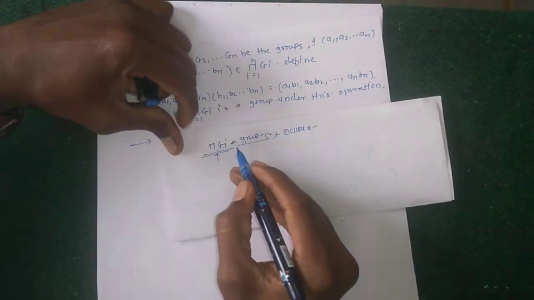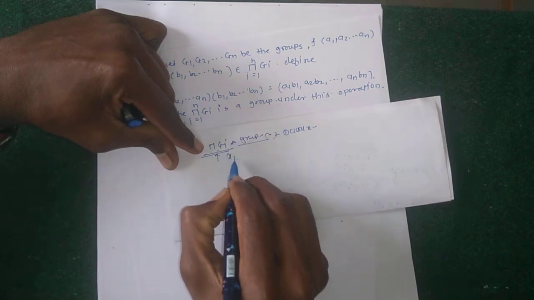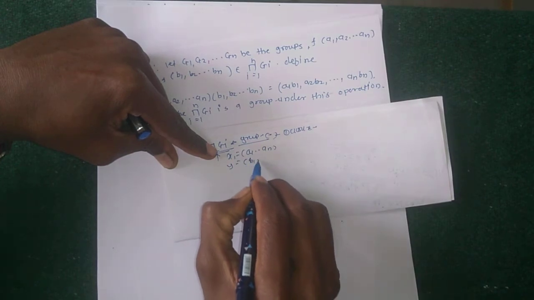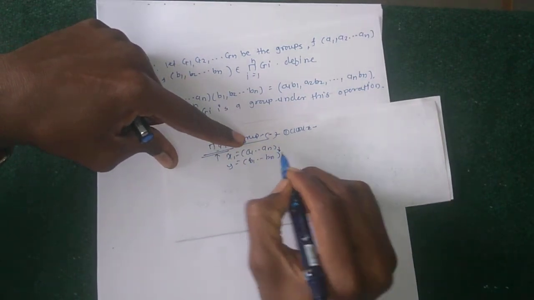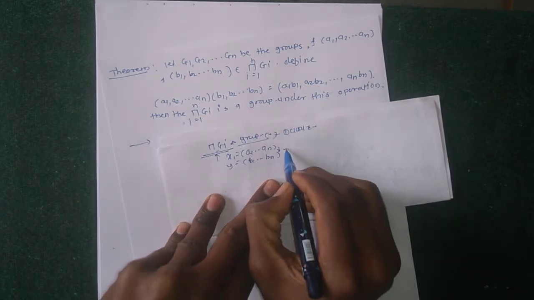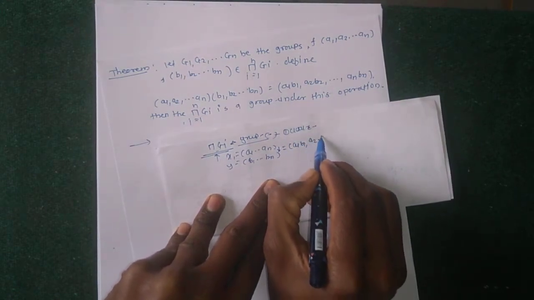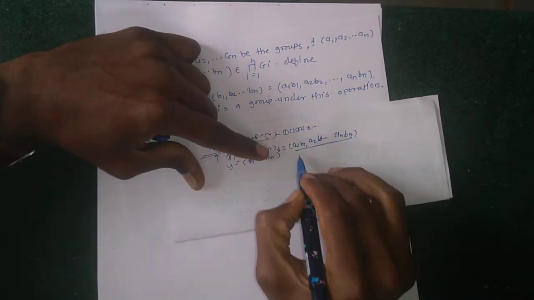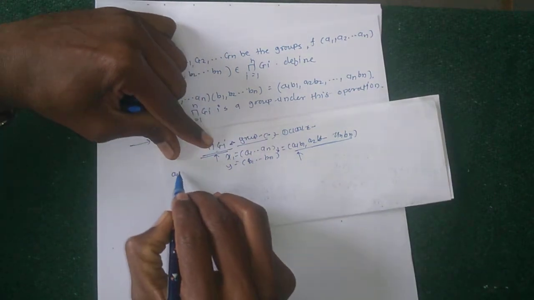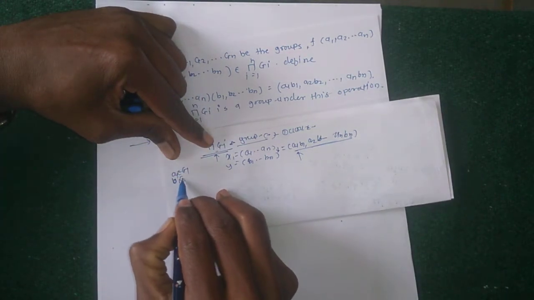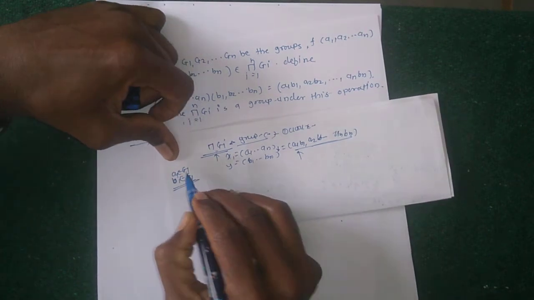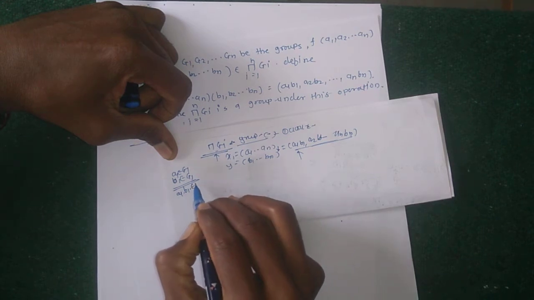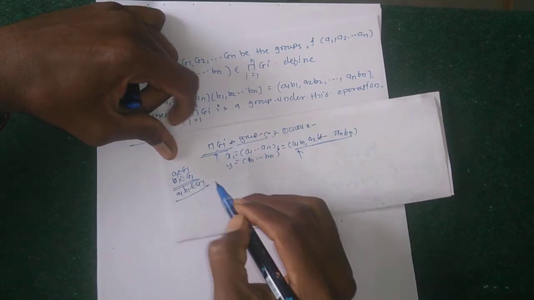For the closure property, suppose x equals (A1 up to An) and y equals (B1 up to Bn), and their multiplication is already defined: (A1 B1, A2 B2, up to An Bn). The first element A1 into B1: A1 belongs to G1 and B1 also belongs to G1, and G1 is a group, which implies it is closed under the given binary operation, multiplication. So A1 into B1 belongs to G1.